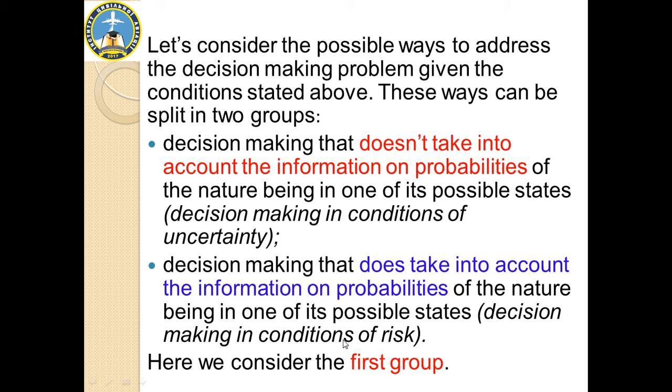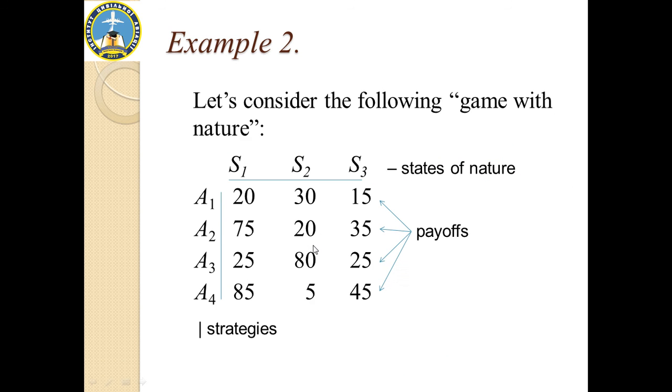Here we consider the first group, decision making in conditions of uncertainty. We don't know the probabilities. So let's consider a game with nature. We have a payoff matrix. Formally, we're given a payoff matrix.